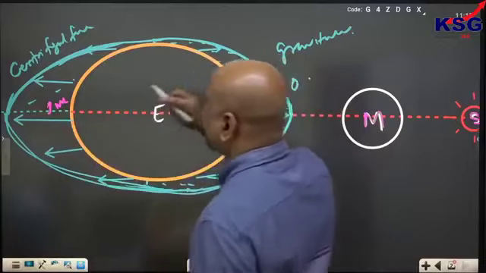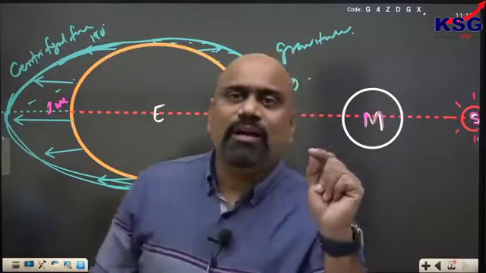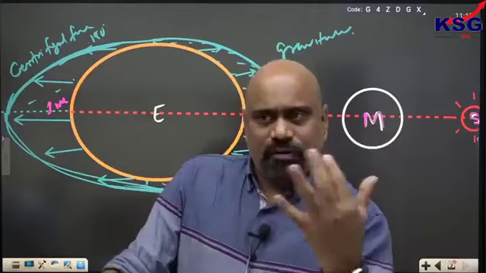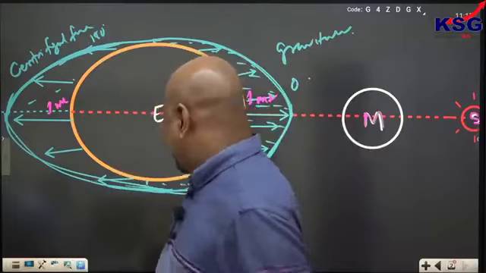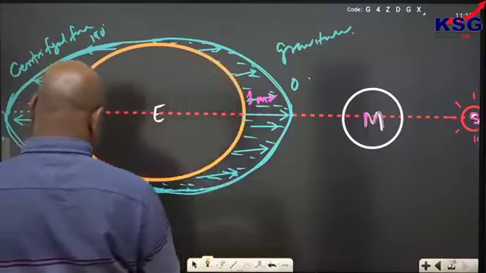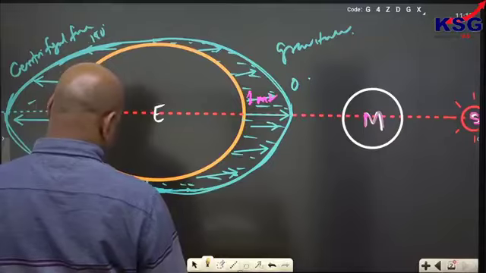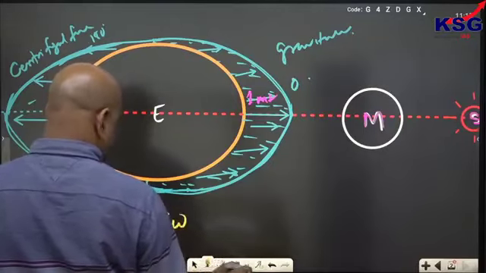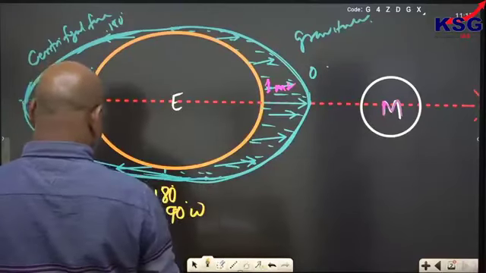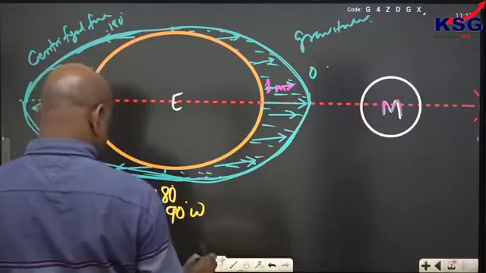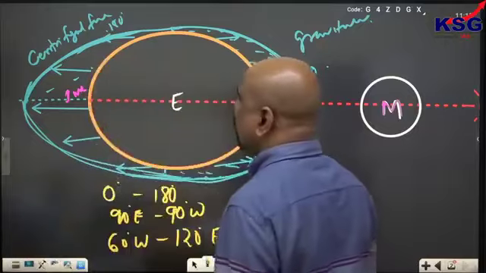Opposite: if this is 0 degree, how much will it be here? Exactly at the opposite, 180 degree. So at a time, at two places you will have the high tide. If it is in front, then exactly at 180 degree you will again have high tide. So 0 degree and 180 degree; like 90 degree east, you will have 90 degree west. We have also not only this much; for example, 60 degree east. If it is 60 degree west, then 120 degree east. Total difference it requires is 180 degree.